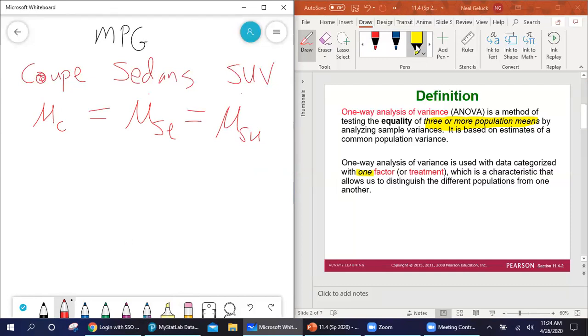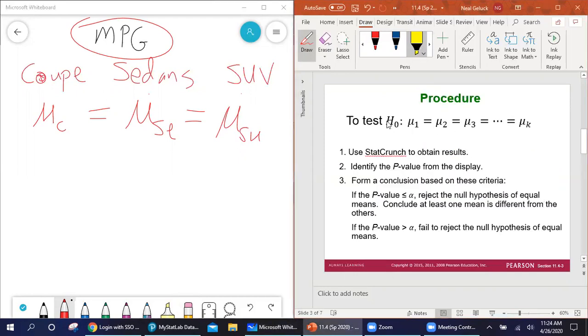So basically, is the mean miles per gallon the same between these, or is at least one different? So again, we're testing the means of three or more different groups. That is our null hypothesis, that they are equal.